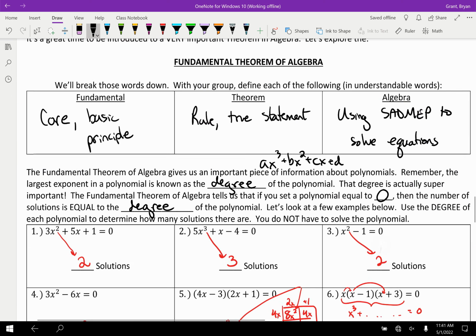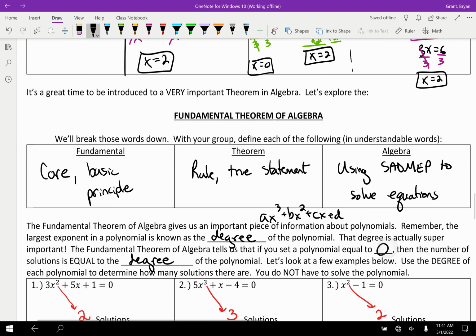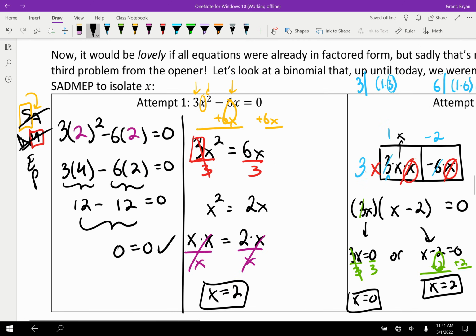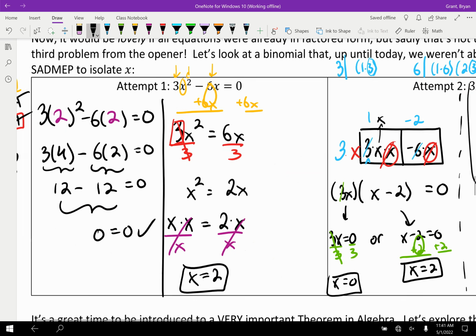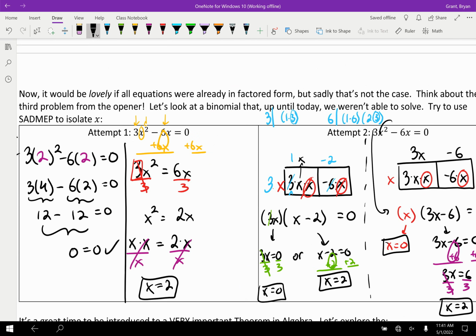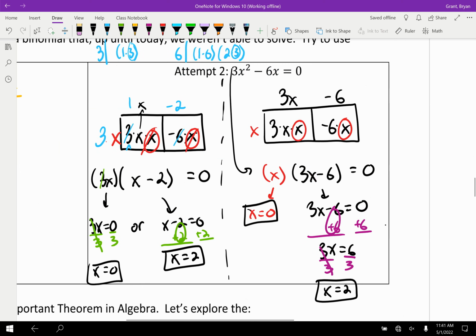Alrighty. So now we understand this fundamental theorem of algebra. Right? Our first attempt over here, we only got one answer. We were pretty satisfied with ourselves. It worked. However, the fundamental theorem of algebra told us that because there was a square in the problem, we should have had 2 answers. What were the 2 answers? Well, here's how we do it.